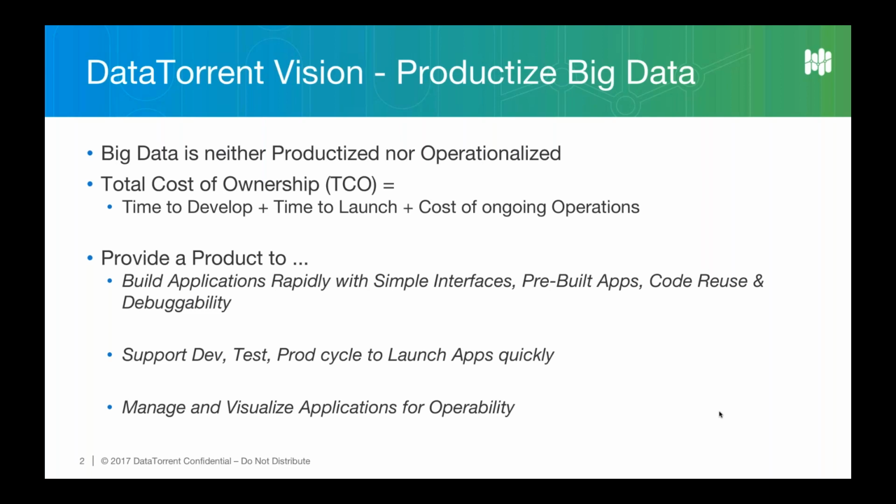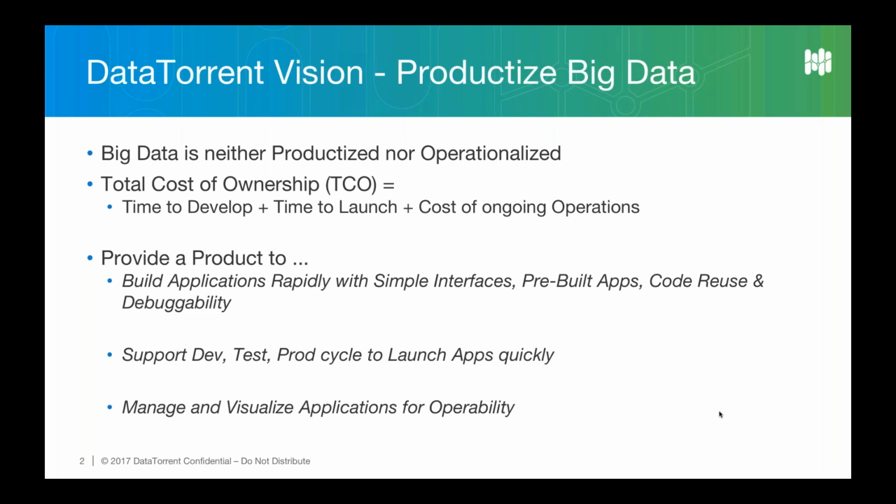So that is the second aspect. And the third is ongoing operations and how easy it is for you or for the business to operate your big data application. So what DataTorrent wants to do is to help their customers with the total cost of ownership by helping them in all three areas, as we'll see.